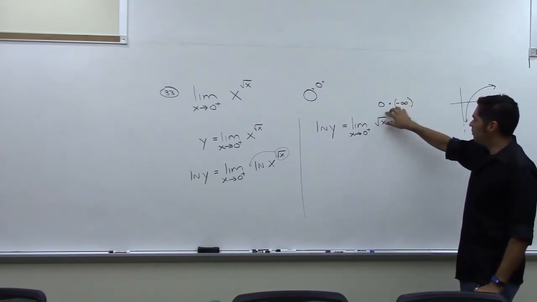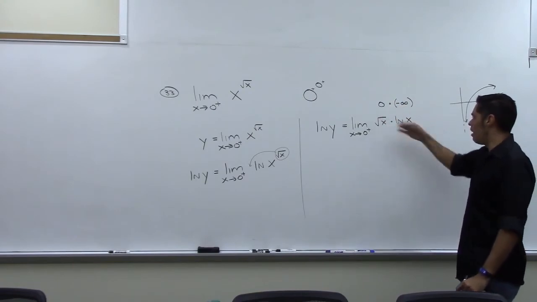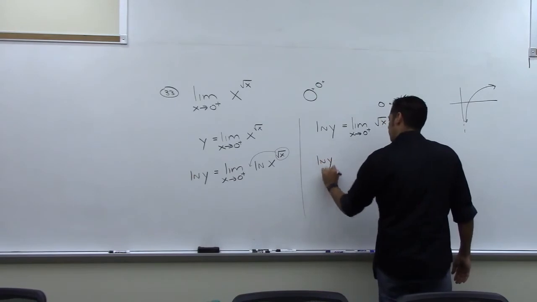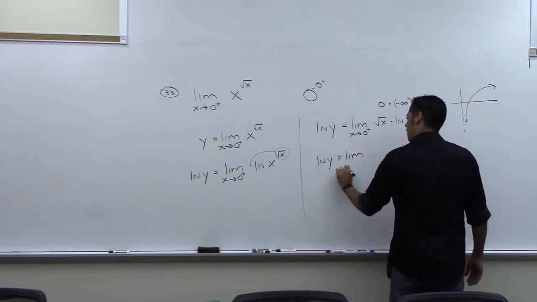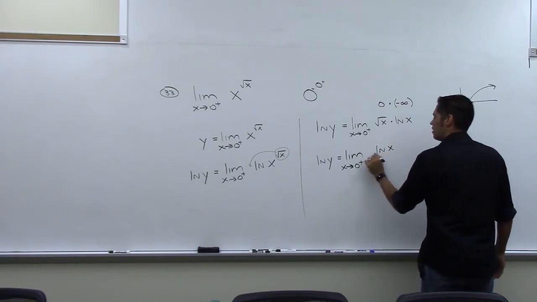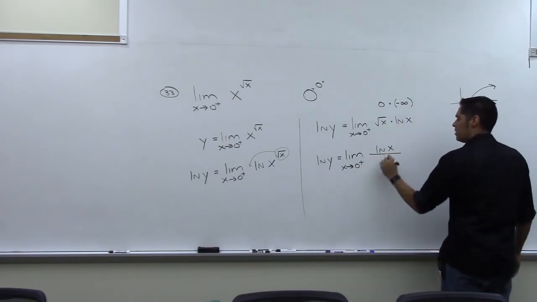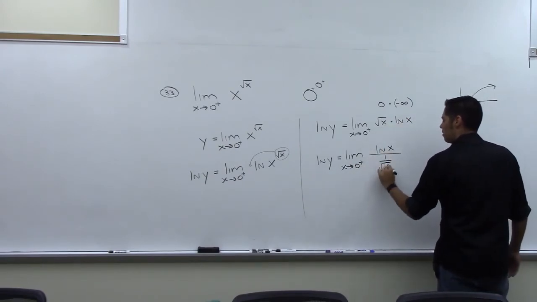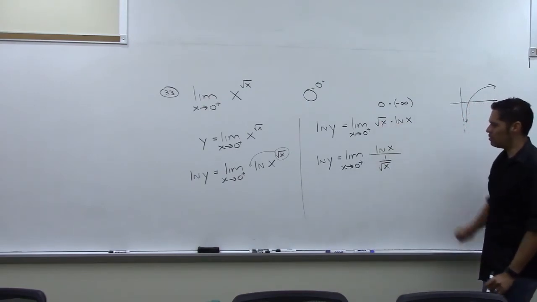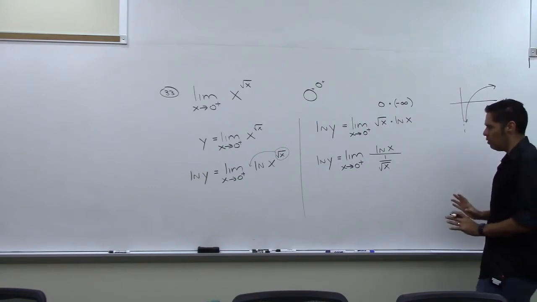To do this one, we pick one of these and we drop it down to the denominator. So I'm going to rewrite this as, I'm going to leave the natural log of x on top, and I'm going to rewrite this on the bottom as 1 over root x. Of course, that would flip back up and become this, but by doing it this way, it's going to behave exactly the way I want.